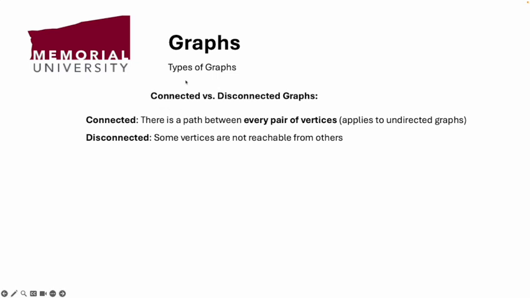And also we have other definitions, for example, connected or disconnected graphs. In a connected graph, there is a path between every pair of vertices. In a disconnected graph, some vertices are not reachable from others.